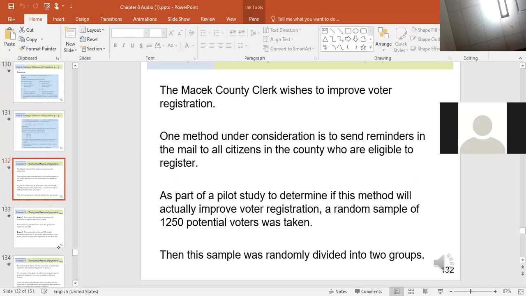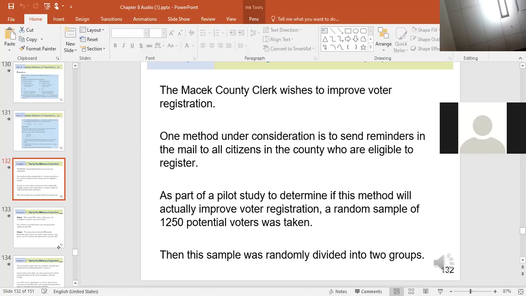The Matrix County Clerk wishes to improve voter registration. One method under consideration is to send a reminder in the mail to all citizens in the county who are eligible to register. As part of a pilot study to determine if this method will actually improve voter registration, a random sample of 1,250 potential voters was taken.